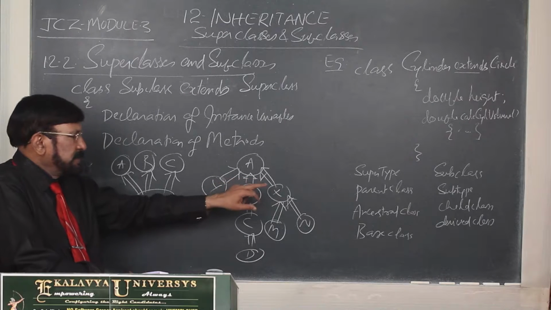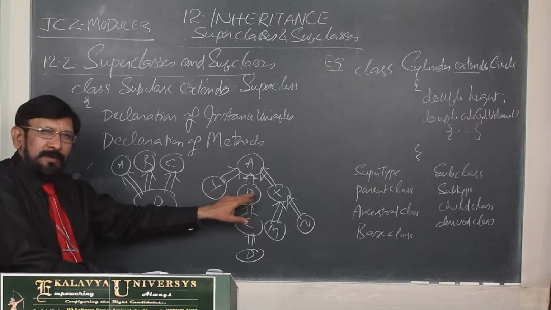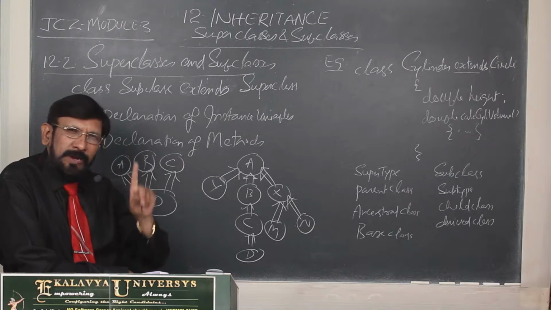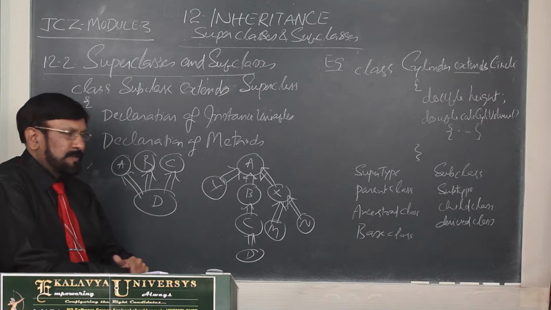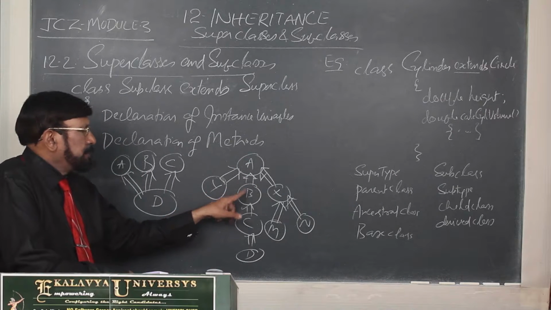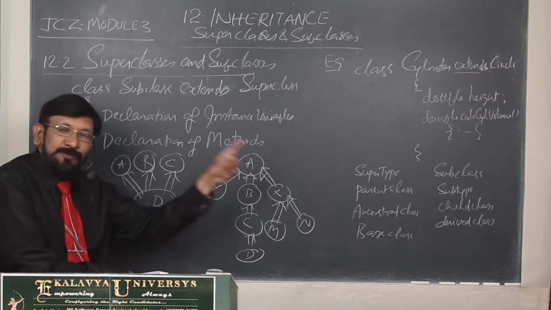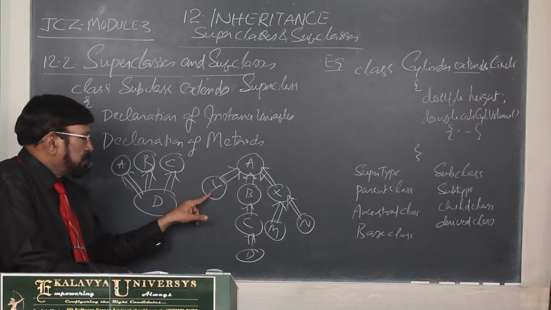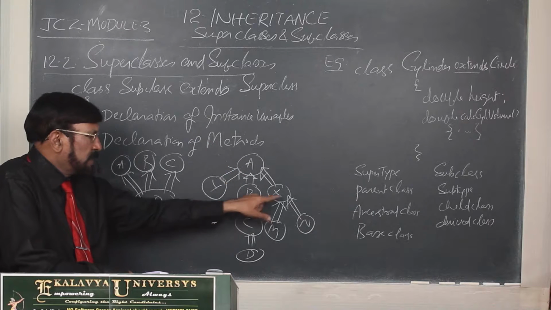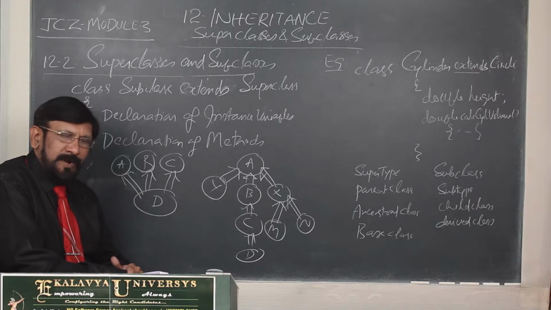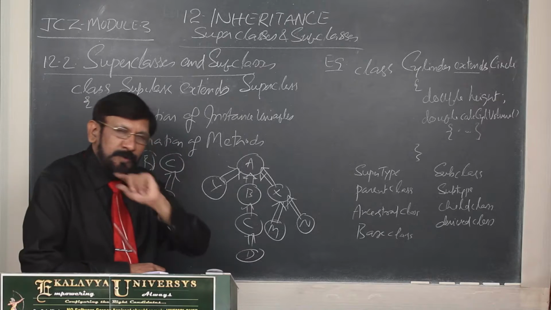Single inheritance means for any subclass, only one superclass is allowed. Now we see for B, one immediate superclass is allowed. And for Y, one immediate superclass. For X, one immediate superclass. The word immediate, you underline.